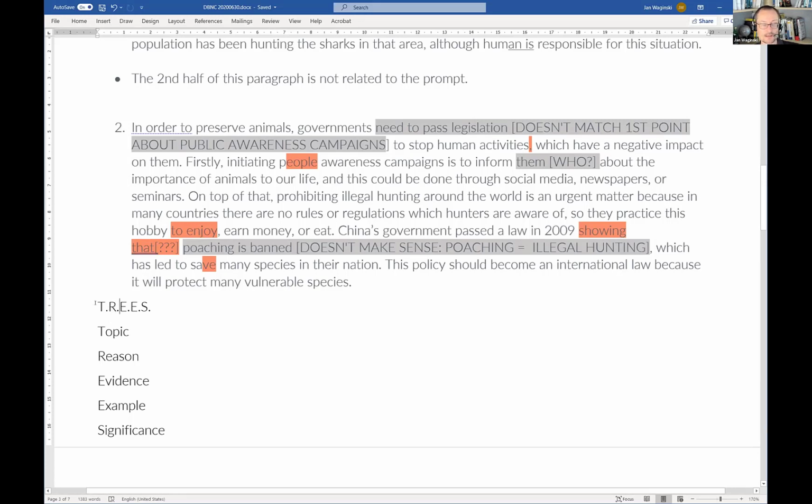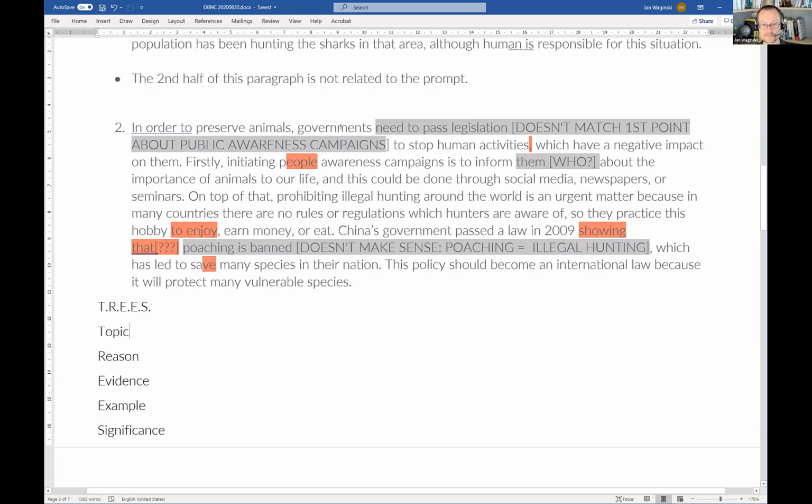This is, I want to call it like an archetypal sentence structure. It includes all the elements that you'll find in a well-developed paragraph, and it doesn't mean that you always need all of them. But when you have them, it makes for a very strong paragraph, and they need to be in this order. So when the reader sees the topic sentence, they should know exactly what that paragraph is going to be about.